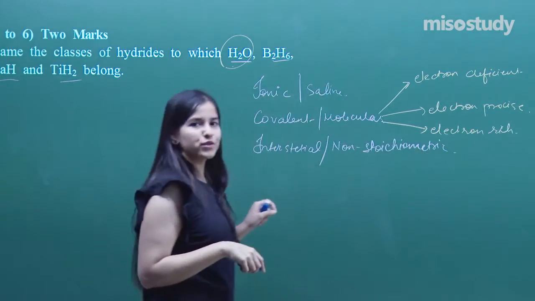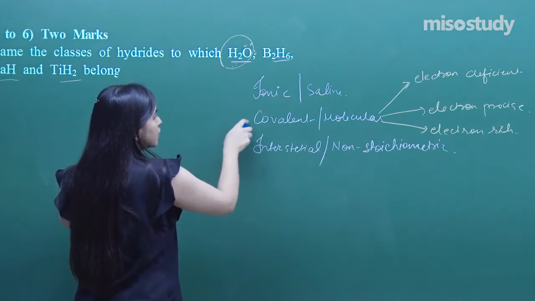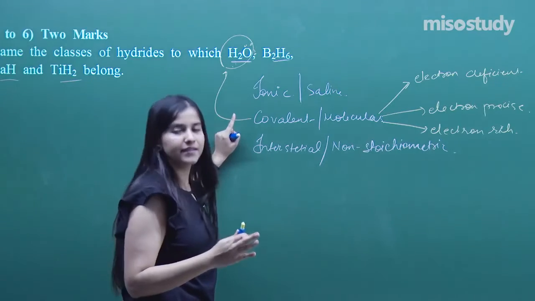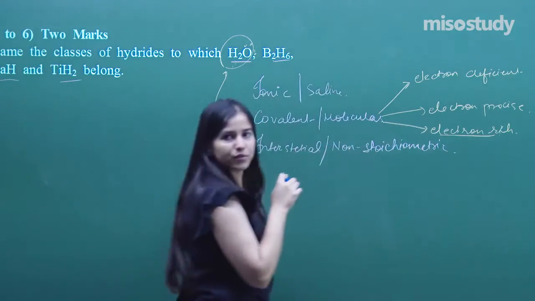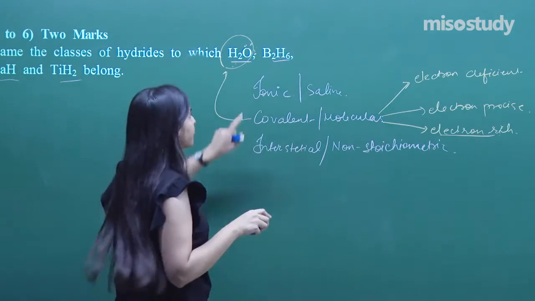Now out of the 3, which one is this? It's electron rich, it has lone pairs. So it's a covalent or molecular hydride with an electron rich component, fine. It's a type of electron rich covalent hydride, you can say.